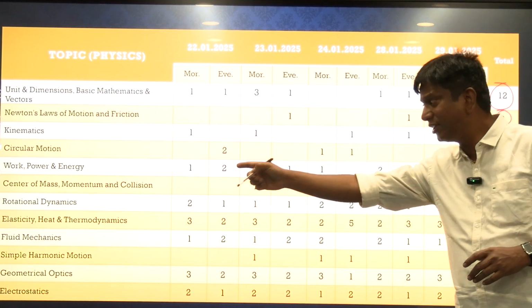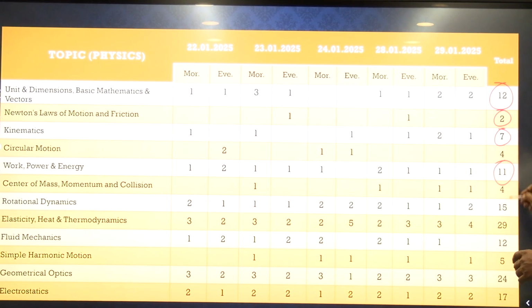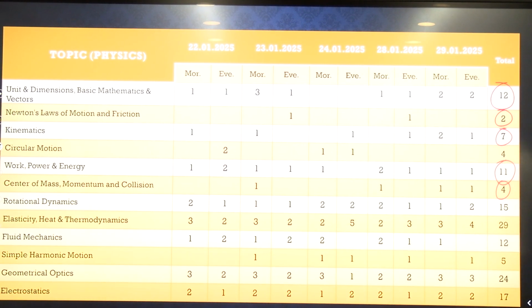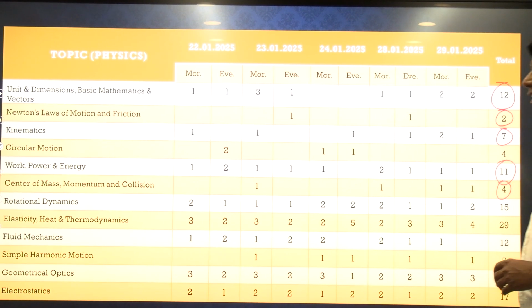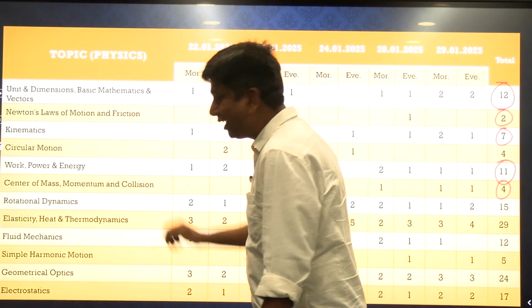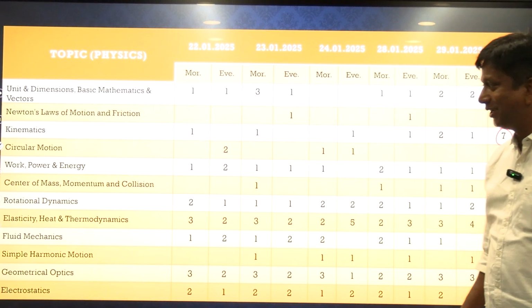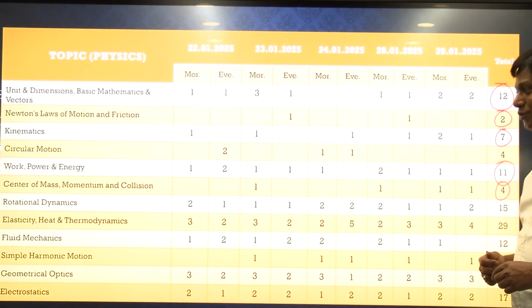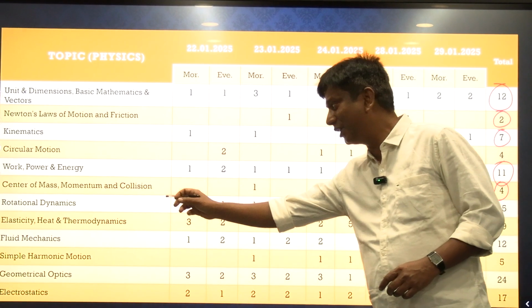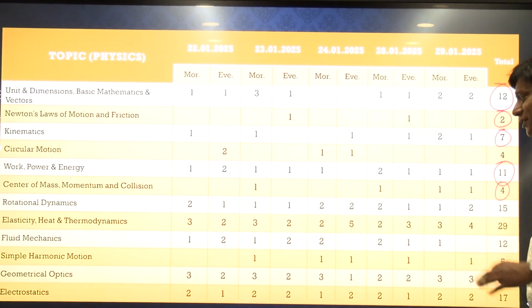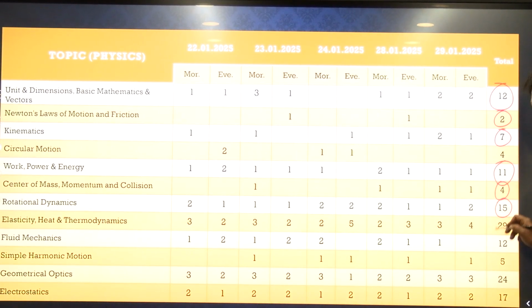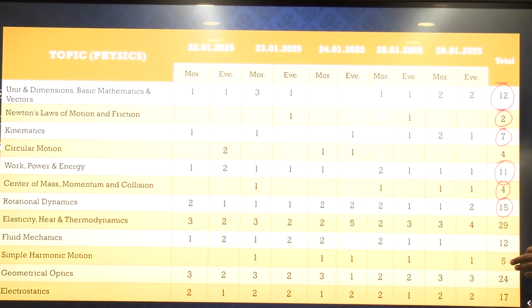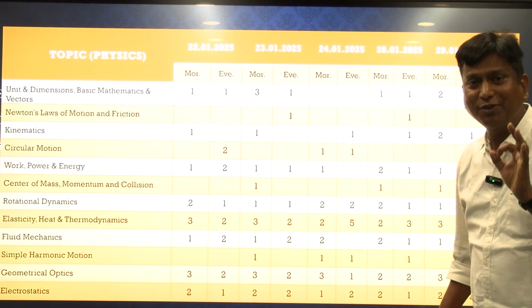Center of mass, conservation of linear momentum and collisions: here again you got only a small number of questions, only 4. When it comes to rotational dynamics, a lengthy chapter where a lot of students may feel some difficulty, in our JEE Mains you got 15 questions, but 99% of the questions are based only on moment of inertia.